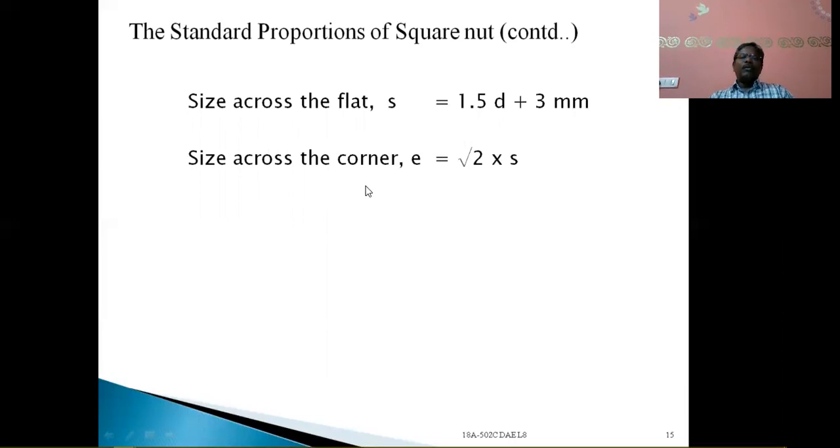This is the value of the size across the corners of the square nut.